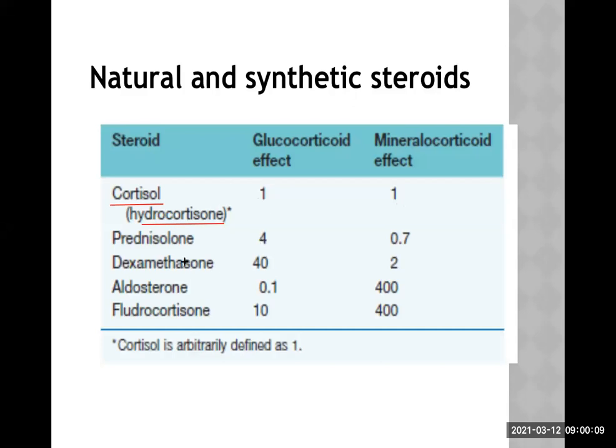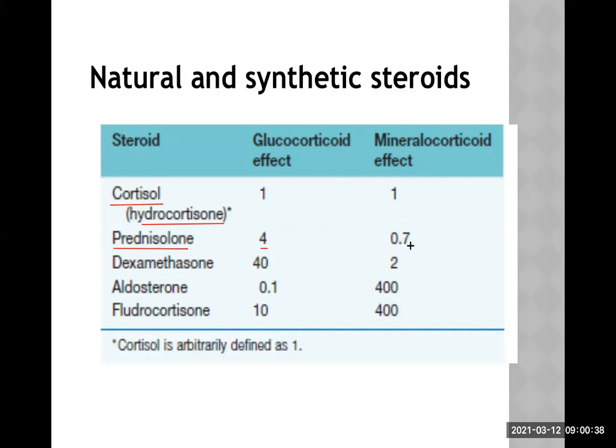Now let's compare the strength or potency of other corticosteroids in comparison to cortisol. So prednisolone, a very commonly used corticosteroid these days in clinical practice. This is an oral form of corticosteroid. So glucocorticoid effect is 4 times that of hydrocortisone, whereas mineralocorticoid effect is lesser than hydrocortisone.